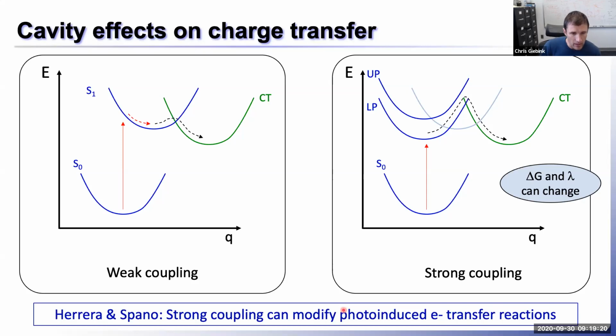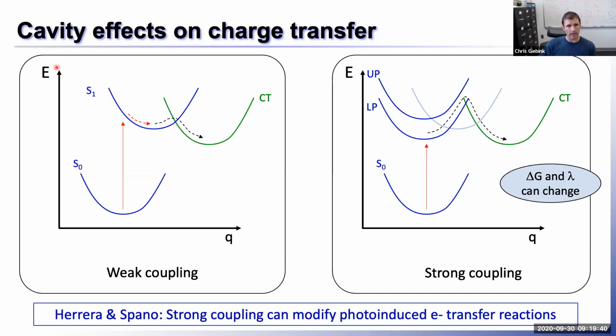And so a couple of years back, Felipe Herrera and Frank Spano published a very interesting paper which explored modifications in photoinduced electron transfer that might come about from strong coupling. At a simple level, you can understand it as essentially two basic effects.